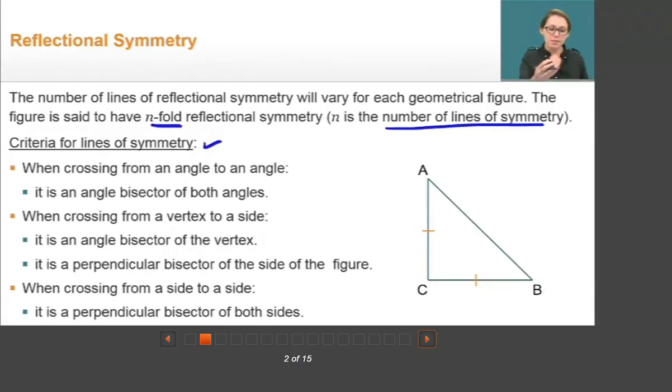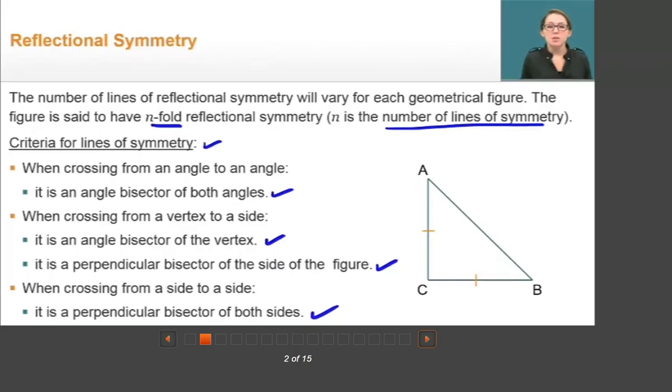So when crossing from an angle to an angle, a line of symmetry will be an angle bisector of both angles. When crossing from a vertex to a side, the line of symmetry will be an angle bisector of the vertex, and it will be a perpendicular bisector of the side of the figure. And when crossing from a side to a side, then the line of symmetry will be a perpendicular bisector of both sides.